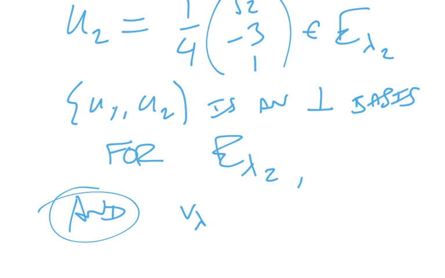and v lambda 1 was orthogonal to everything in E lambda 2 to begin with. So it's now going to be orthogonal to u1 and u2.